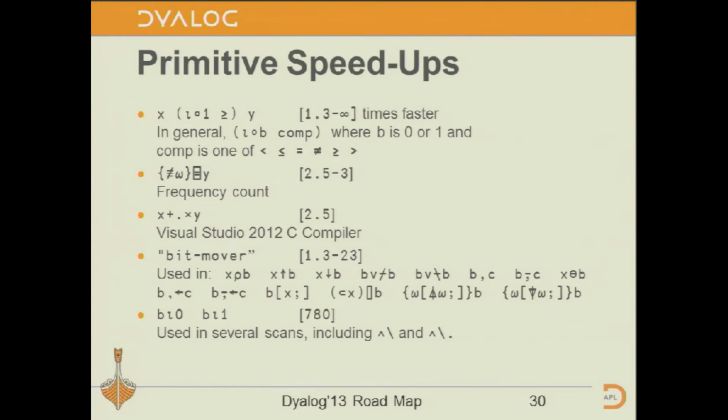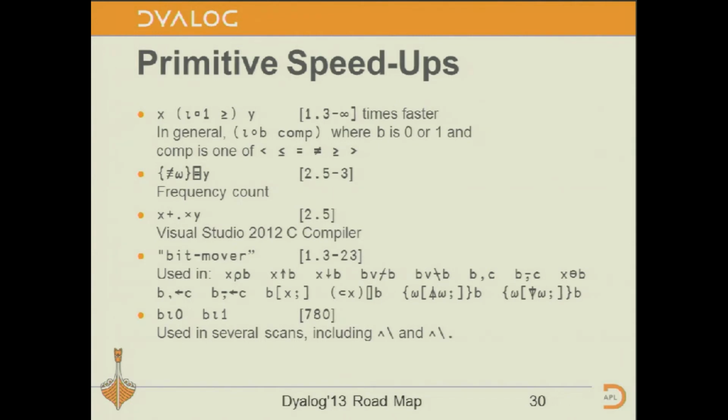This thing here you may not recognize, that's a 2 train of functions. So this is iota 1, a top greater than or equal to. So this says find the first occurrence where x is greater than or equal to y. And because we can recognize it as a train, we can do that as a single operation.